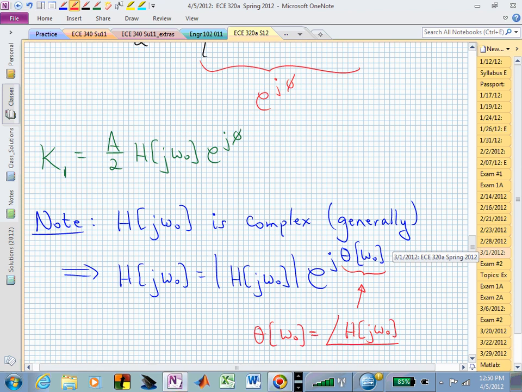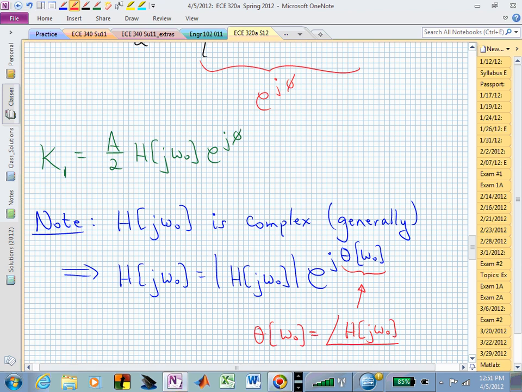And remember, H in general is complex. Because of that, I'm going to separate it into its polar form. I'm going to give it a magnitude, and I'm going to pull out its phase. And I'm going to call its phase theta, and it's a function of the frequency omega naught that we're evaluating the expression for. If you have a question about, well, is that an argument?